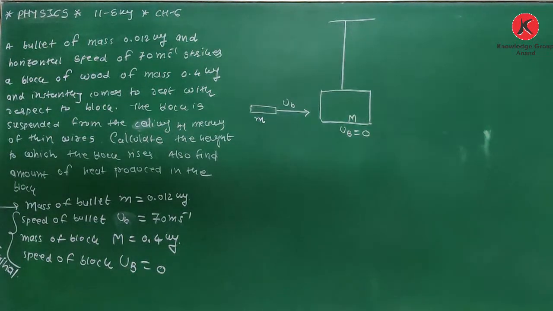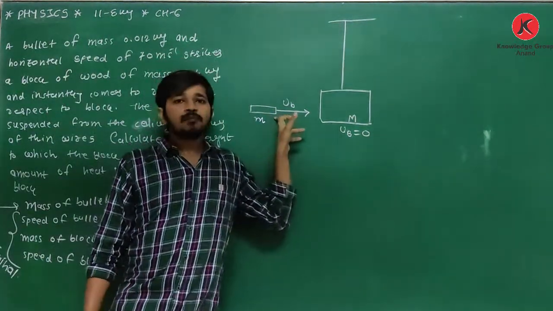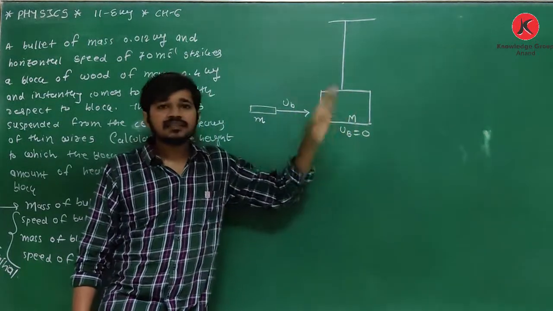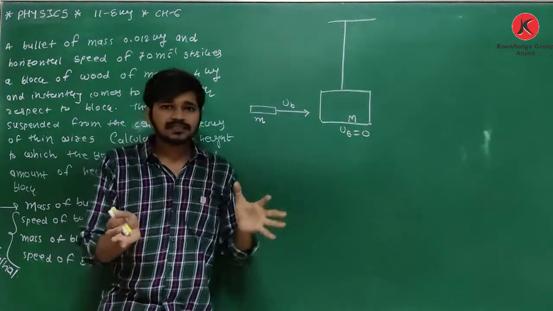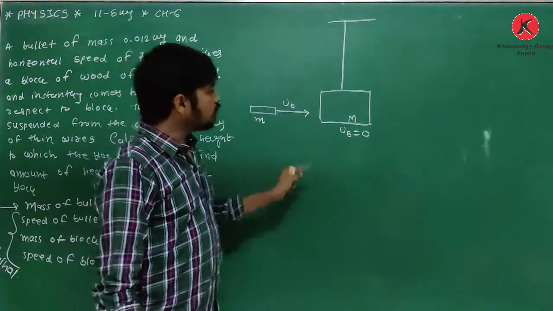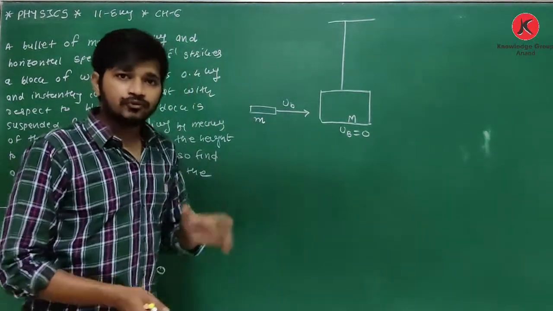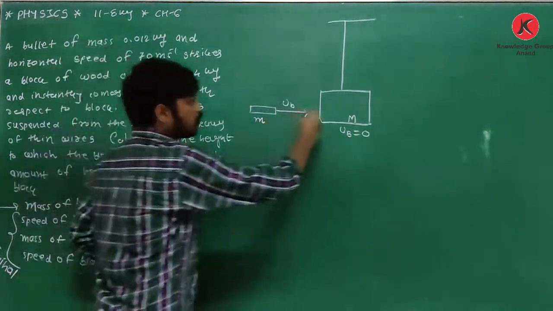Now when this bullet strikes the block of wood of mass 0.4 kg and instantly comes to rest with respect to the block, it means this bullet gets embedded in the block. They stick together, and now this whole system will move as one in the vertical, upward direction.